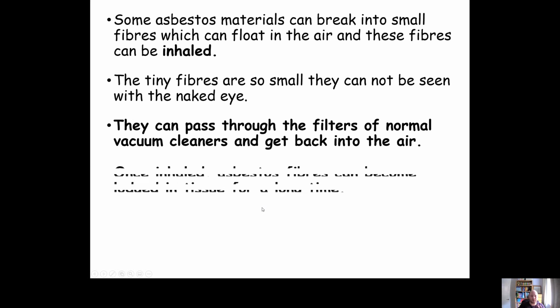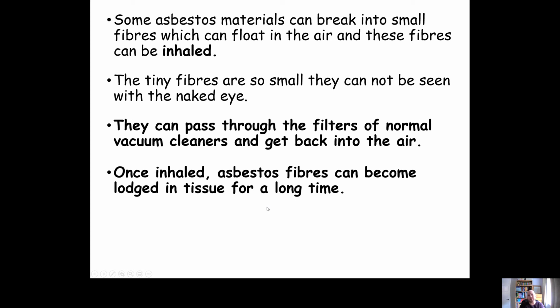The good thing, I suppose, when it comes to asbestos is we're only at risk from asbestos if the fibres are released, if the fibres become airborne and we breathe them in. The downside of asbestos is these fibres are absolutely tiny. They would pass through the filters on a regular vacuum cleaner.